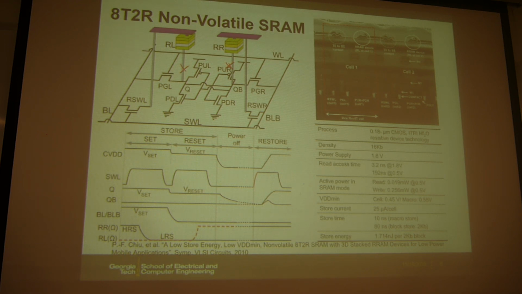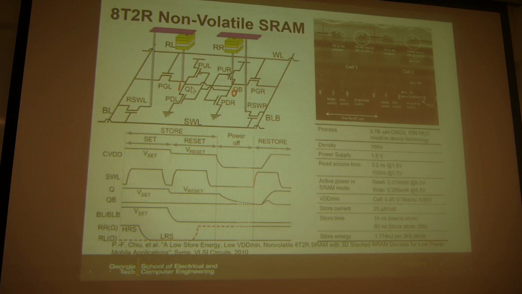So before you power off the chip, this is what you need to do, the so-called store operation. You need to store the data from the SRAM to the RRAM locally. So how do you do that? Okay. So for example, let's assume Q stores 1, and Q bar stores 0.